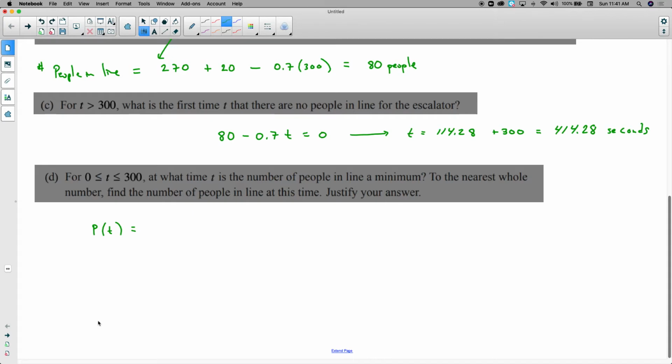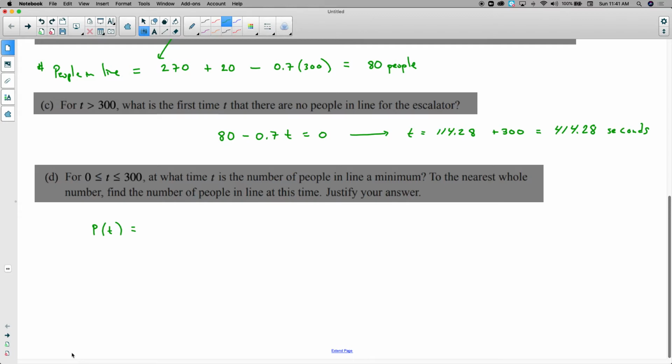And the number of people in line at time t is the number of people who have entered the line over a certain t many seconds, then the 20 people that were already in line, minus the people who have left the line.